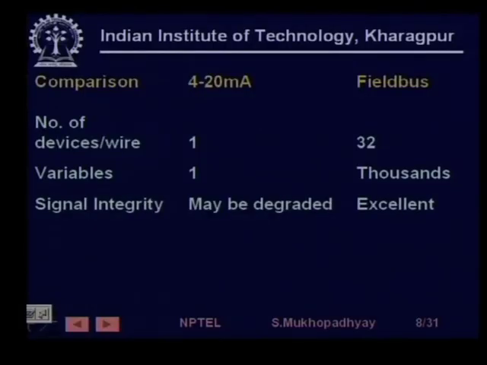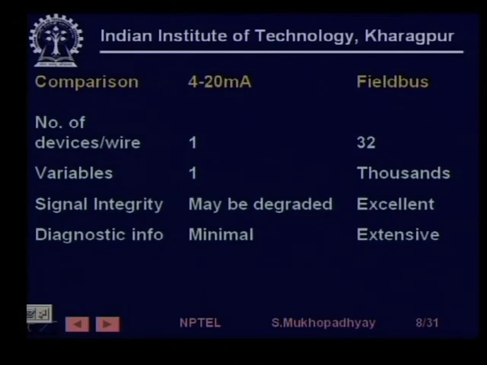Signal integrity: because it is analog communication, although current communication is more immune than voltage communication, it is still much more prone to degrading, while the immunity of Fieldbus devices, because it is digital data, is quite excellent.